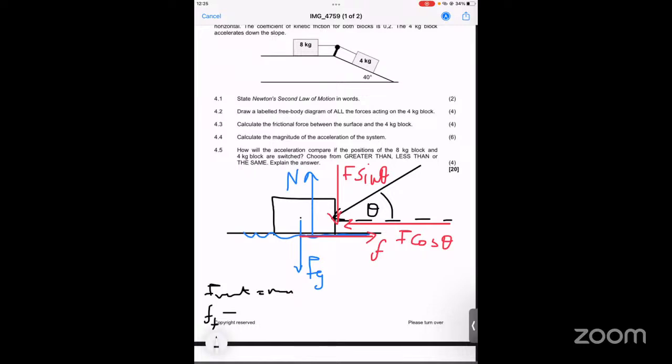So we assume towards the right to be positive, and towards the left, that's when we have this applied force, F cos of an angle. And this can be equated to MA. And then in terms of the up and down forces, we have a normal force, which is the one going up, which balances with FG, not only FG, but also this applied force, F sine of an angle.